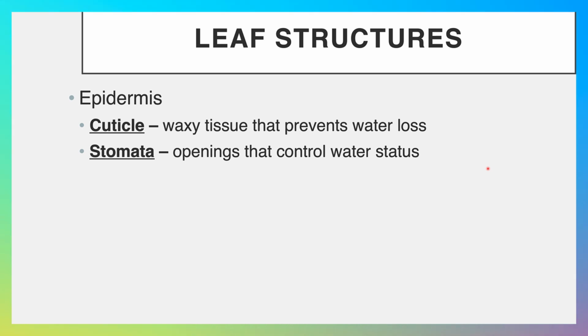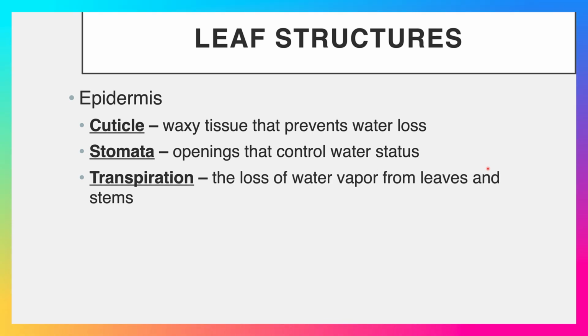In the leaves, there are openings that control the water status that are known as stomata. And the loss of water vapor through the leaves and stems is called transpiration, and we'll talk a little bit later about how this is controlled.